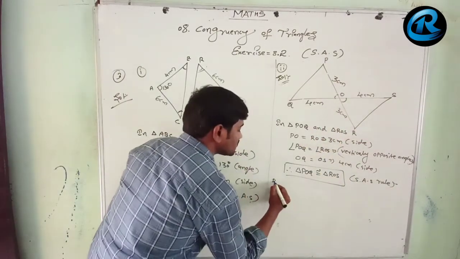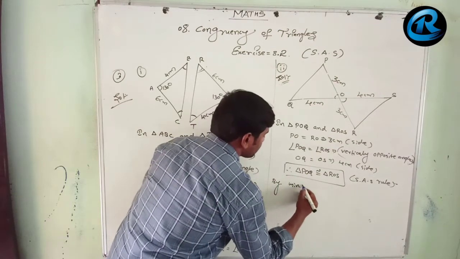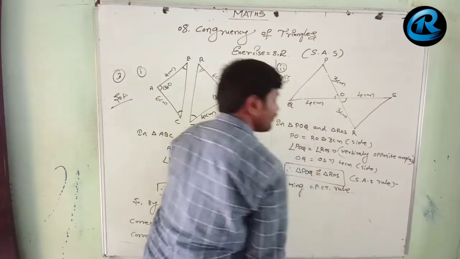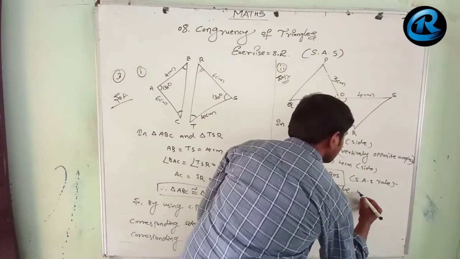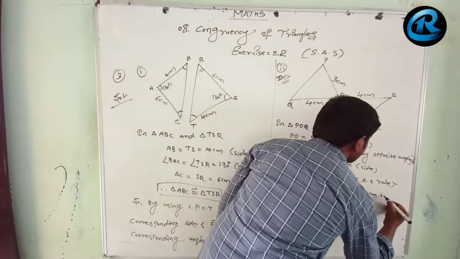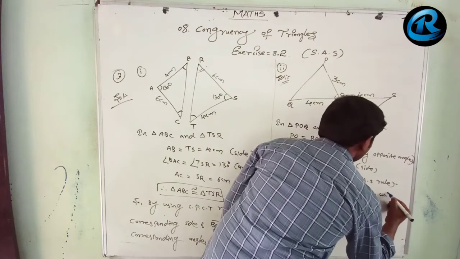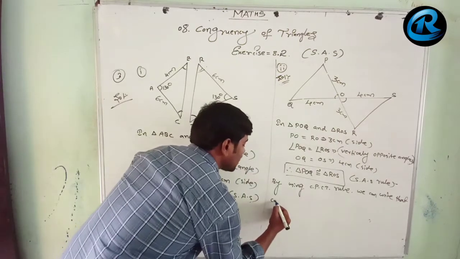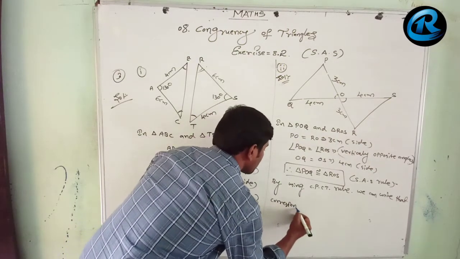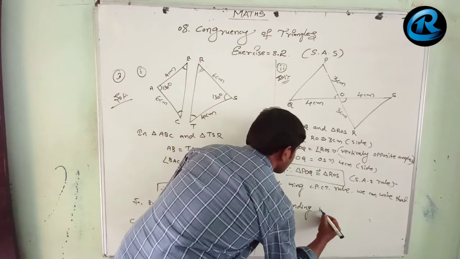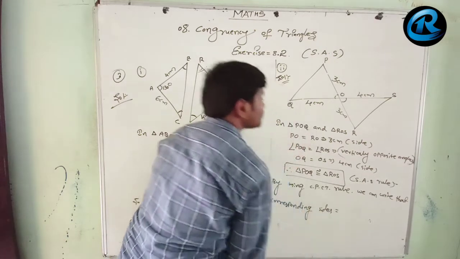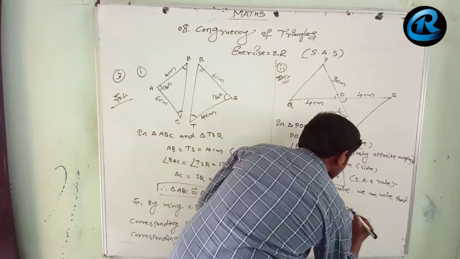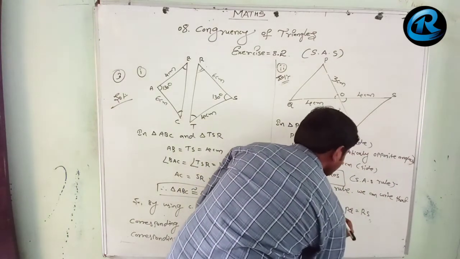By using the CPCT rule, we can write that the corresponding sides will be PQ equal to RS.